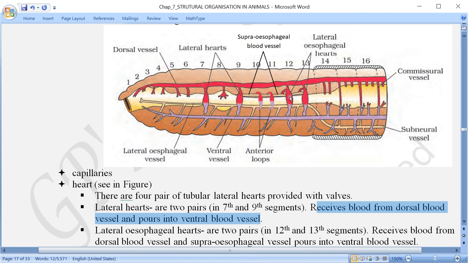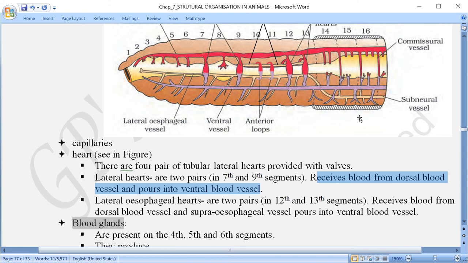Means they receive, both this lateral esophageal heart receive the blood from this dorsal blood vessel and then also from supraesophageal blood vessel. Here it is between 9th and 14th segment, and then the blood they transport or pour into the ventral blood vessel.